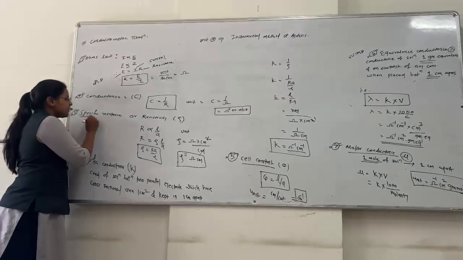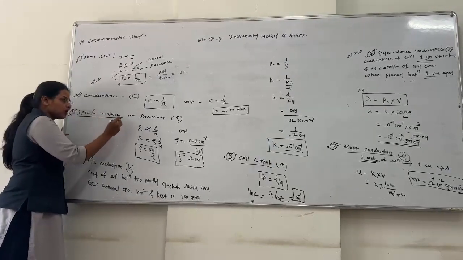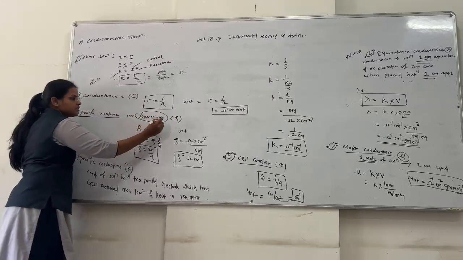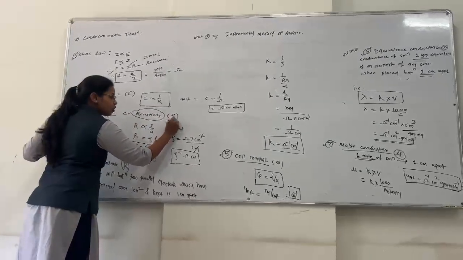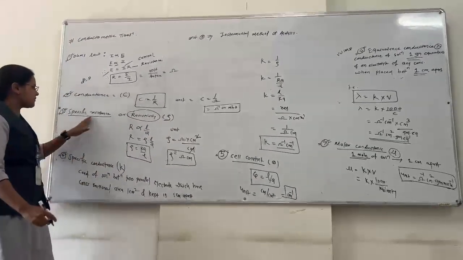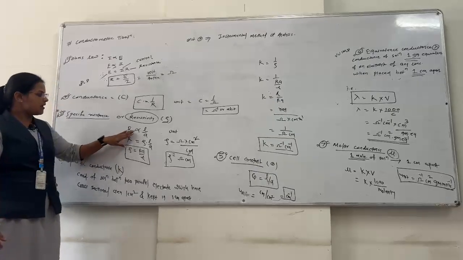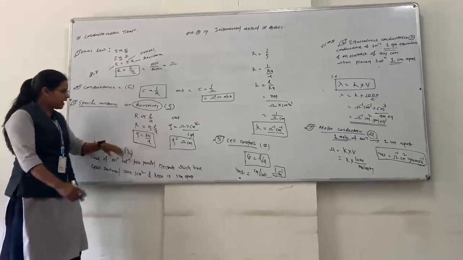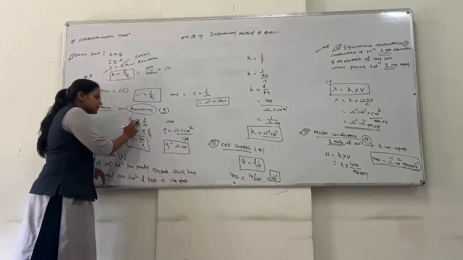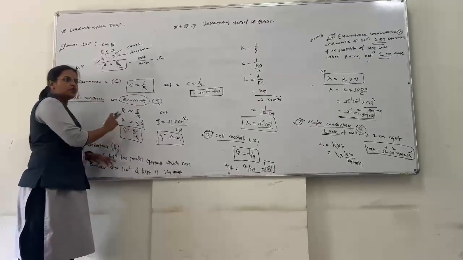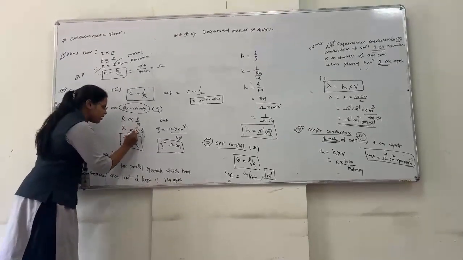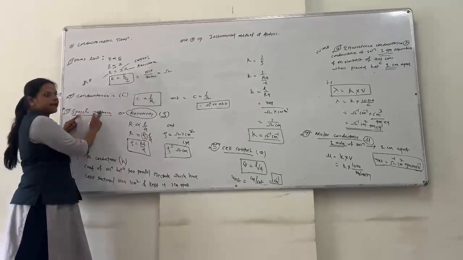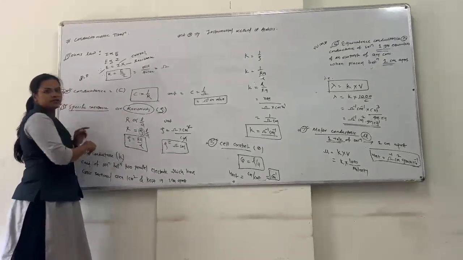Third definition is specific resistance. It is also called resistivity. It has the symbol rho, and the specific resistance is: R is directly proportional to length upon area. When I remove this proportionality sign, I have to take one constant. That constant is nothing but your specific resistance or resistivity.